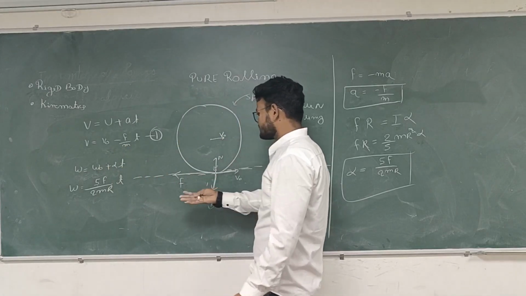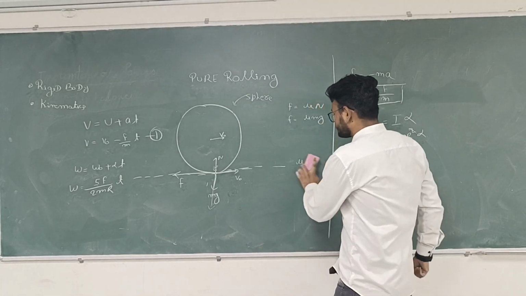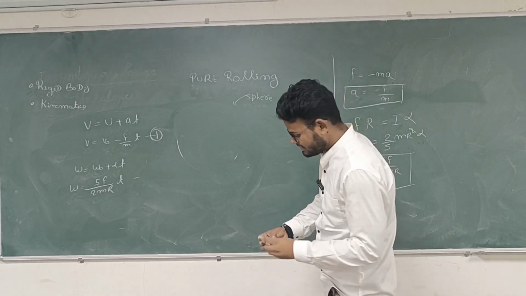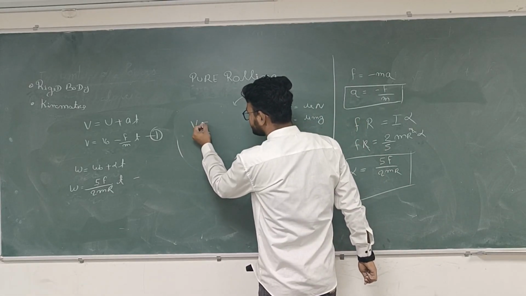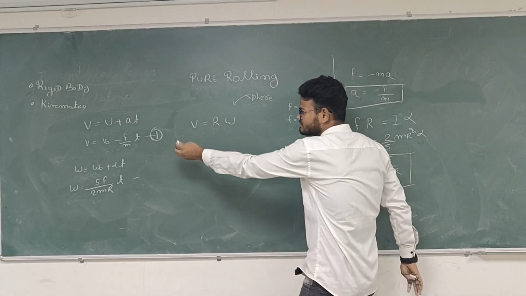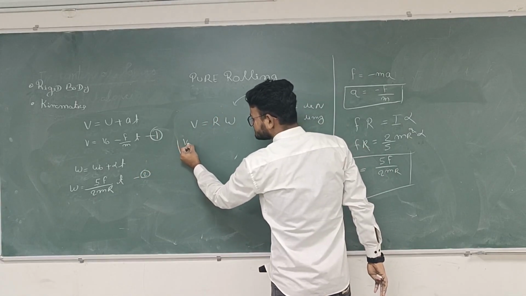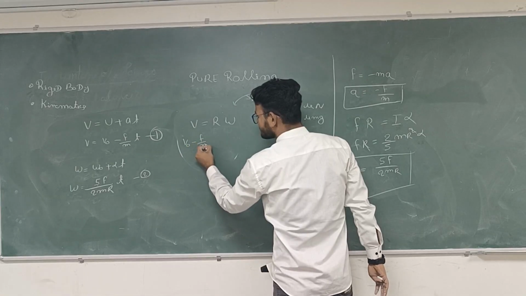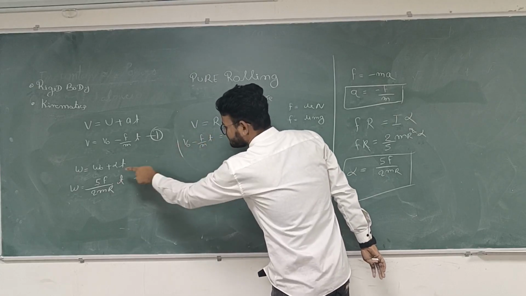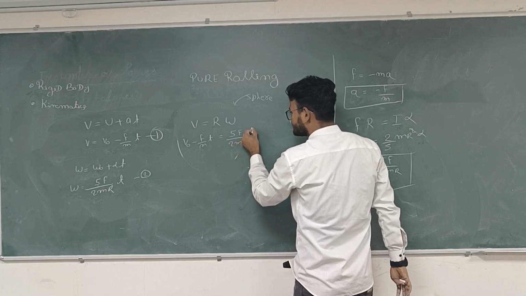Now what we have learned is that if a body is performing pure rolling motion, then v equals r omega. That means let's put in the values from equations 1 and 2. v equals v naught minus F by m t, equals, multiplying omega by r, 5F upon 2 m t.